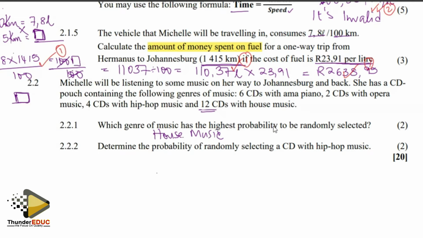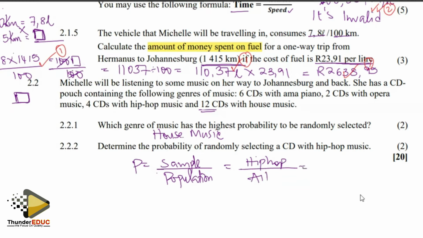First and foremost, you know very well the probability equals sample over population. Here, the sample is to choose hip hop music out of all other music. So how many are hip hops? There are 4.